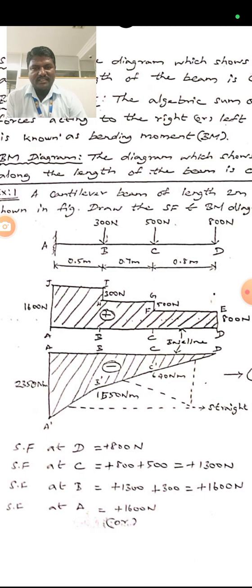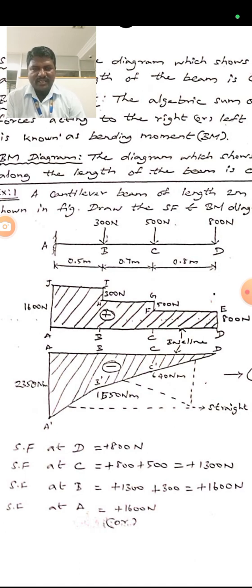The shear force at point D without the point load is 0, and with the point load it is 800 Newton, since right side downward is positive. So SF at D is equal to 800 Newton. Going to the next one, C: the shear force at C without the point load is 800 Newton, and adding the point load of 500 Newton, right side downward is positive, so 800 plus 500 is 1300 Newton.